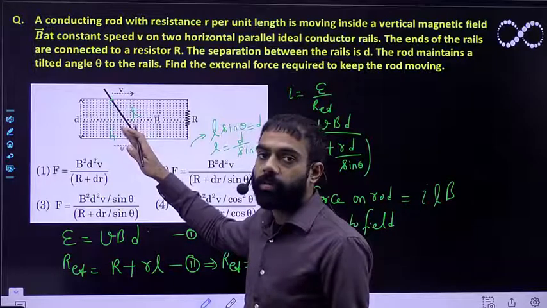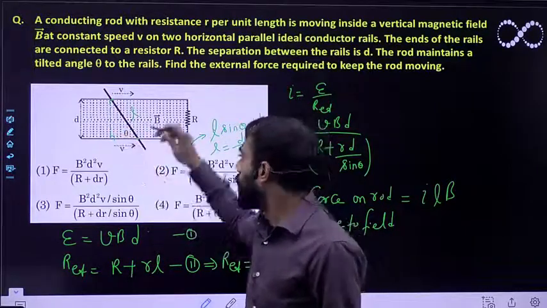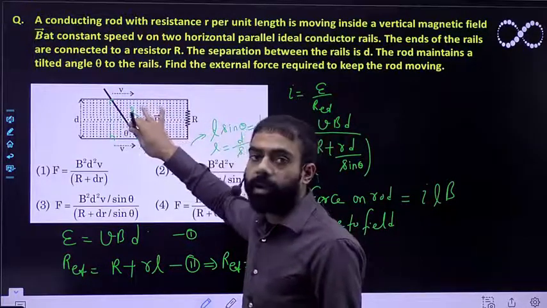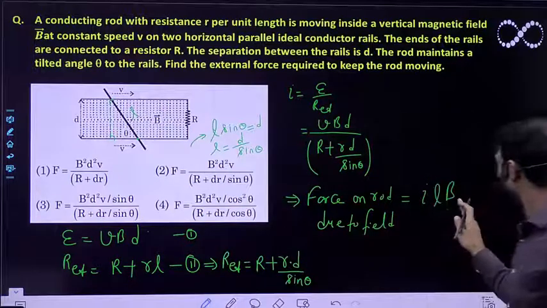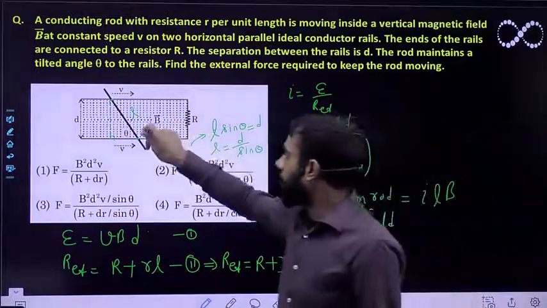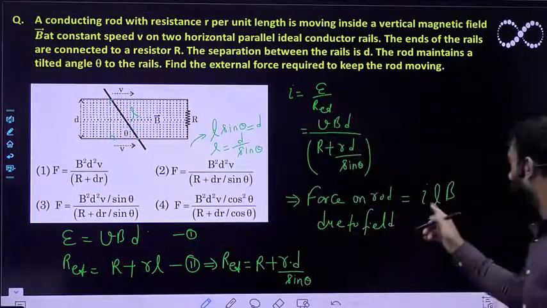The formula is I L B sine of the angle, but since the length vector and the B vector make 90 degrees, as the rod is horizontal and the magnetic field is vertical, sine 90 becomes 1. So the formula becomes I L B.